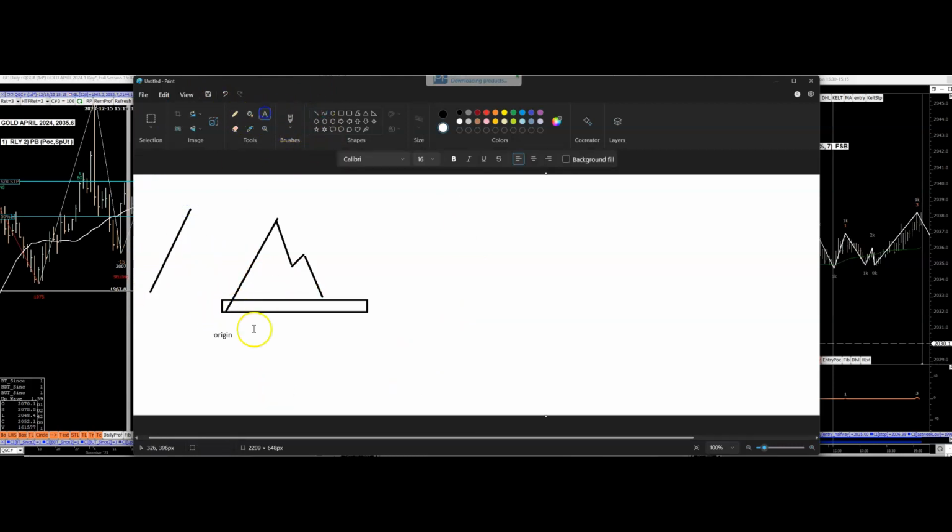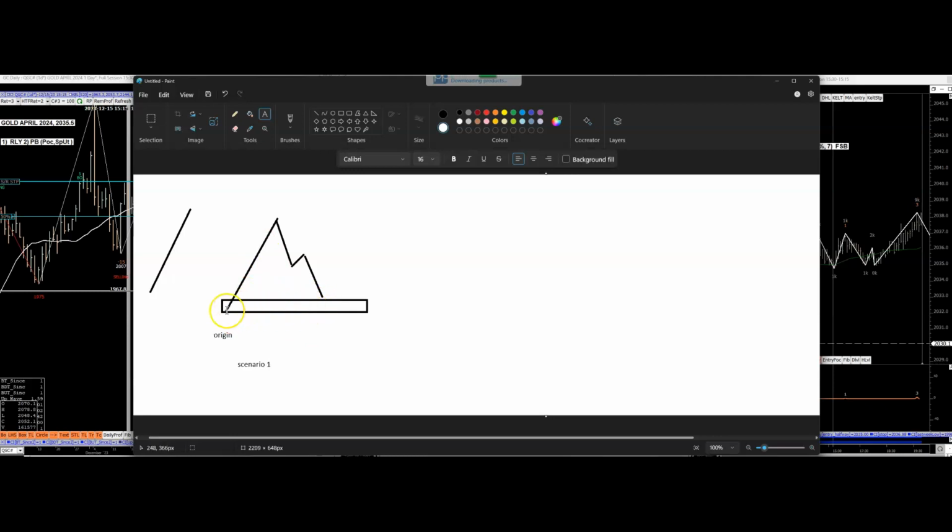That's 1. So when you see a rally, you have that as your first possibility. So we'll just type in scenario 1. Someone said, I don't know what to call it, but it's basically the origin of the rally comes all the way down. This is a very nice place to buy. Why?